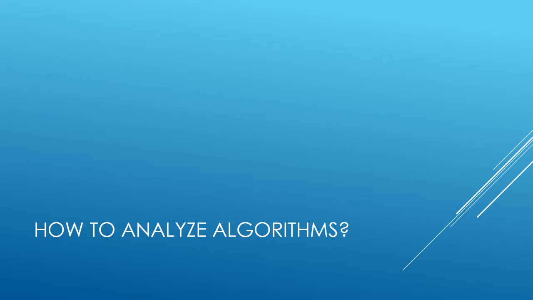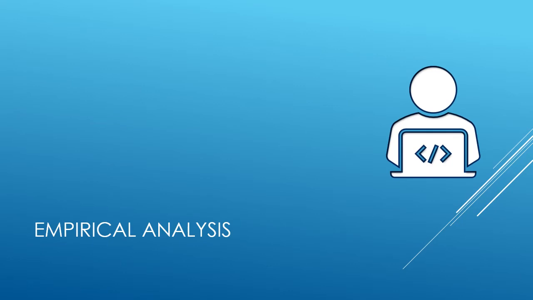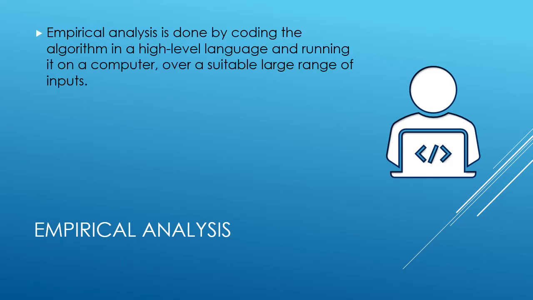How to analyze algorithms? There are two ways of analyzing algorithms. One is called empirical analysis and the other is called theoretical analysis. So let us talk first about empirical analysis.